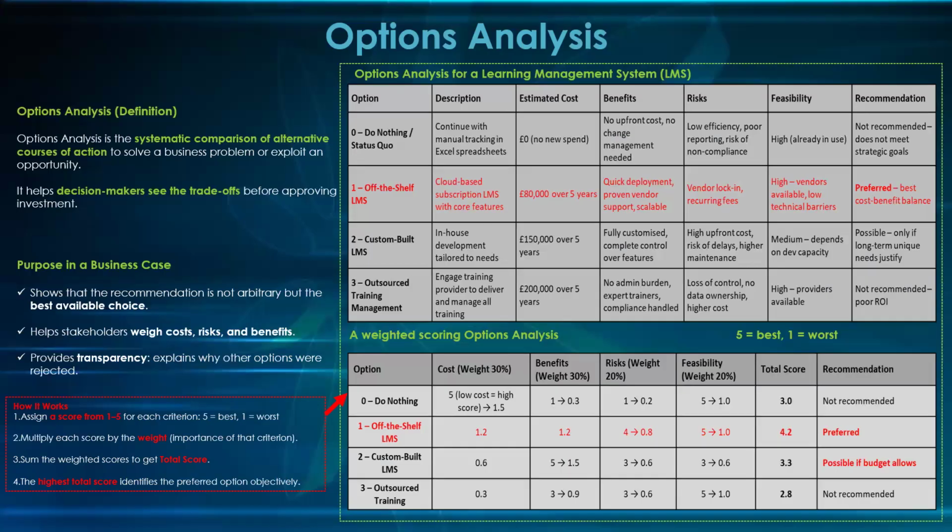Between 1 to 5, how do we see doing nothing in terms of the cost? We assign 5 to do nothing. Then we assign 1 to benefits, 1 to risk as well, and 5 to feasibility. It's the team that is going to agree on this.